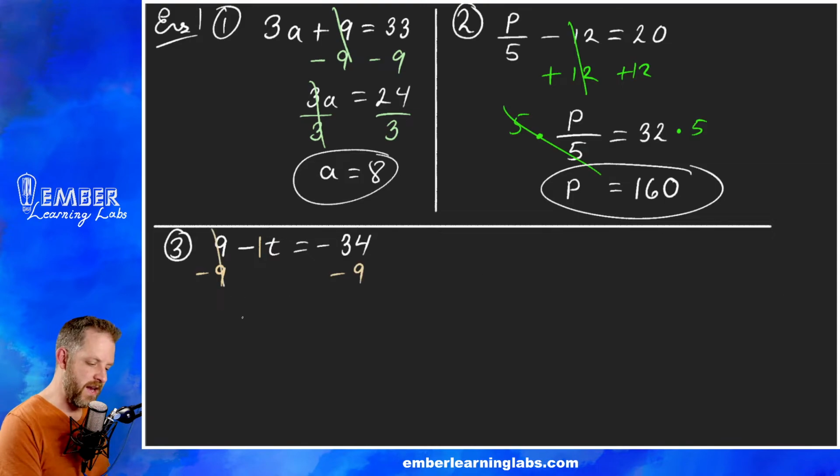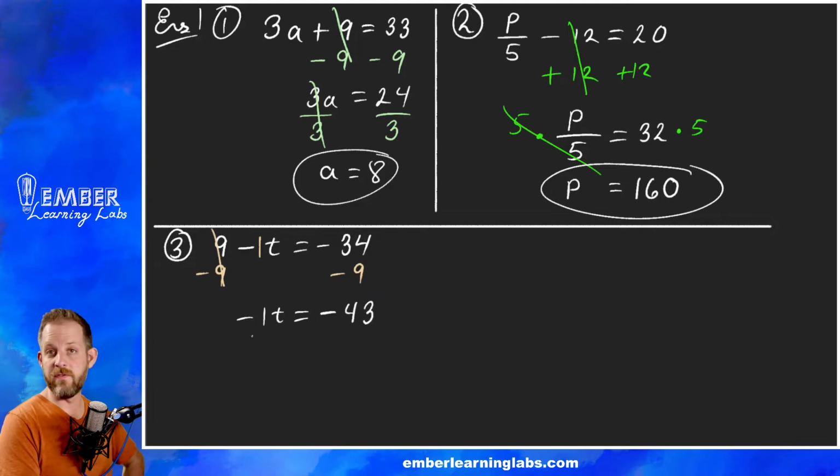All right, so we've got negative 1t. We can go ahead and put that 1 so we remember what we're doing with it. Equals negative 34 minus 9. The signs are the same, so we're going to add and keep the sign. So it would be negative 43. Then we're going to divide by negative 1 because that negative 1 is multiplied times the t.